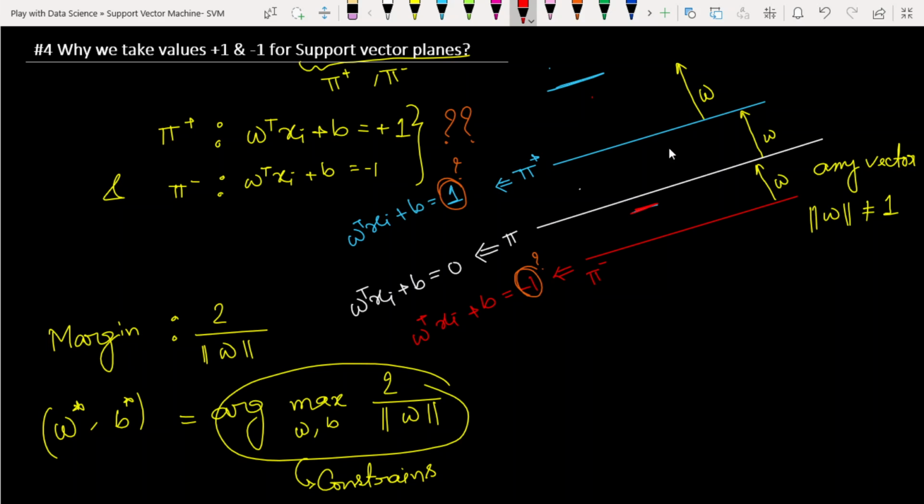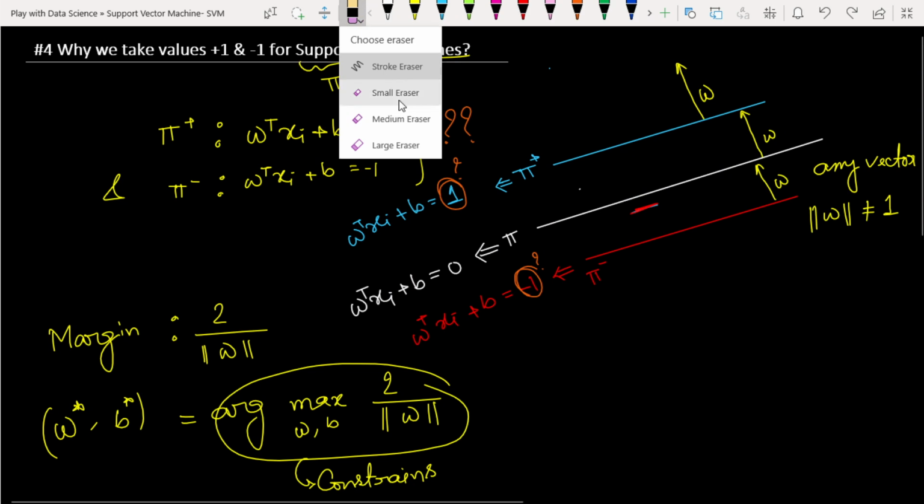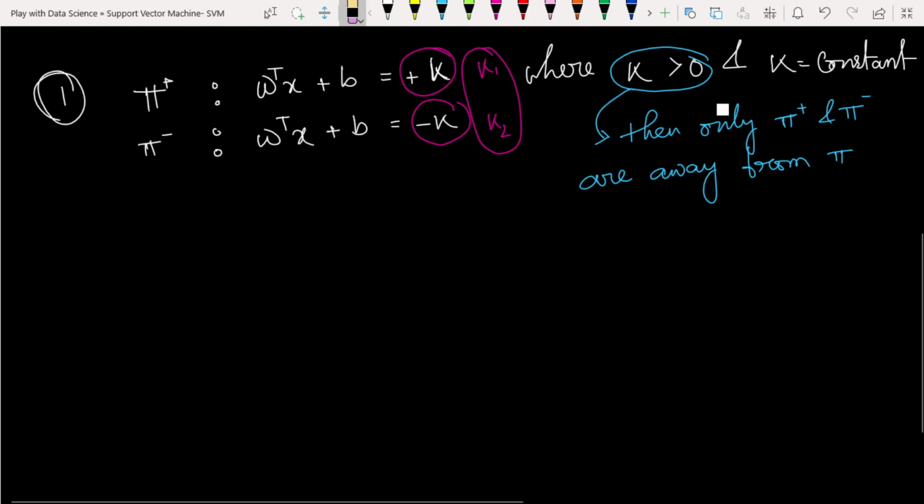We want both pi plus and pi minus to be equally distant from our optimal hyperplane pi. Only because of this are we taking k, only equal k.